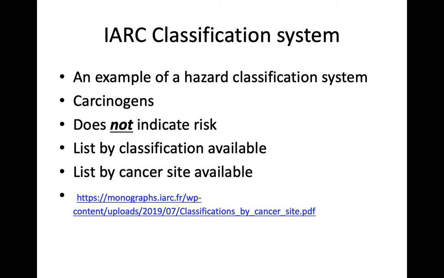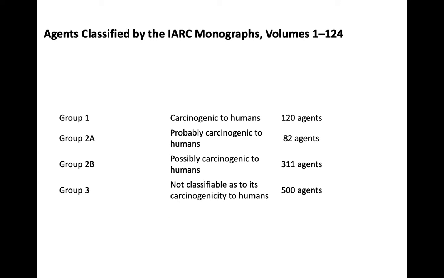The IARC classification, which will probably be covered in toxicology, is an example of a hazard classification system. It is for carcinogens. It does not indicate risk, but there's a list of classifications available, listed by cancer type and site. When we look at IARC monographs, there are groupings.